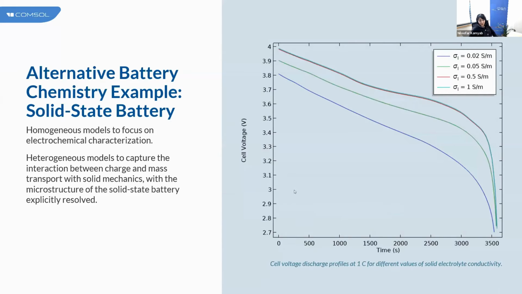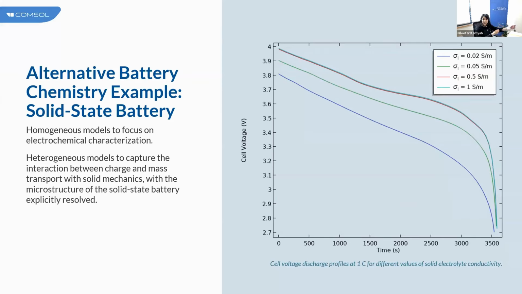I start with solid state batteries. Whether or not you work with solid state batteries, you have heard of them, because they are introduced as one of the potential competitors of lithium ion batteries in the future. We already know they are very promising when it comes to energy density, but they have some intrinsic issues that the battery community is hoping to resolve.